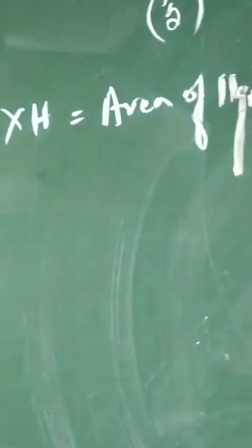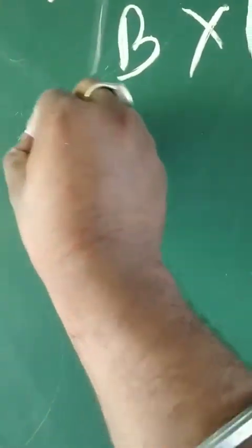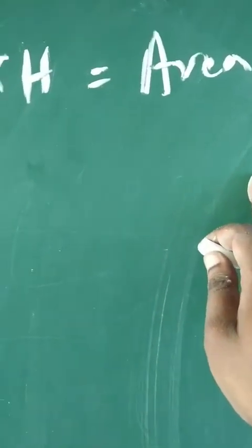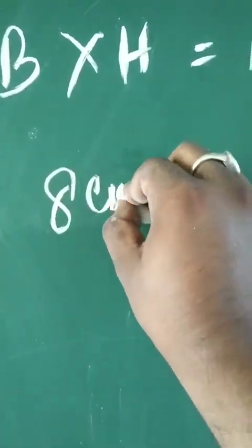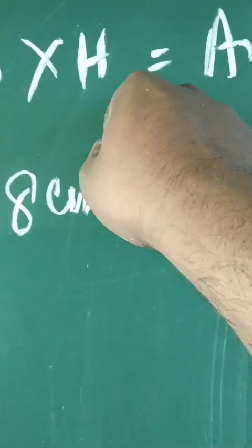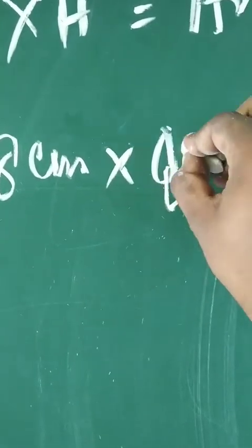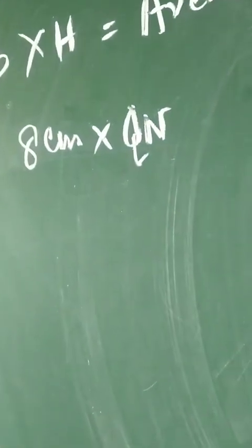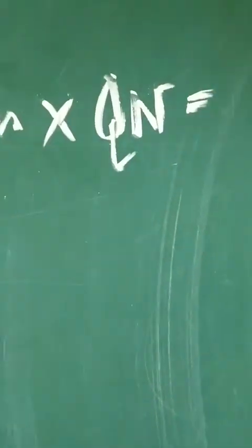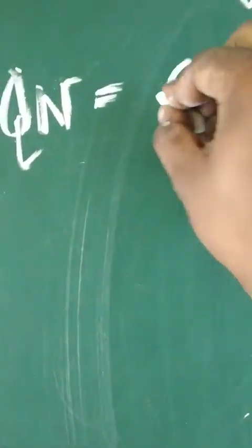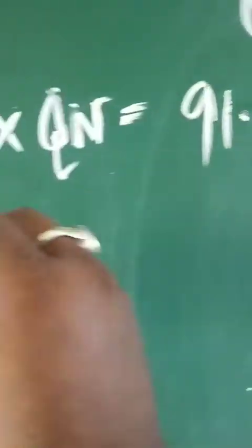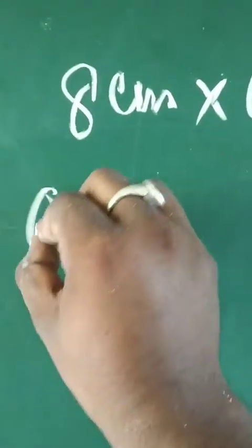The measure of the base is given, PS is equal to 8 centimeter. The measure of the height is unknown, that is QN. We don't know the measure of QN, that's why we are keeping it as it is. And the area of the parallelogram is 91.2 centimeters square. So we are going to find the value of QN from here.